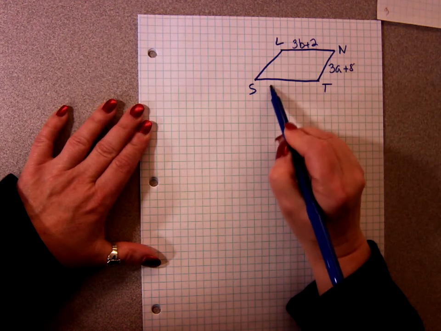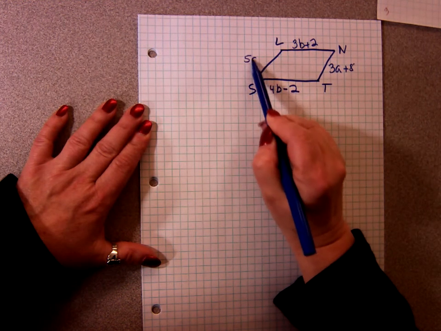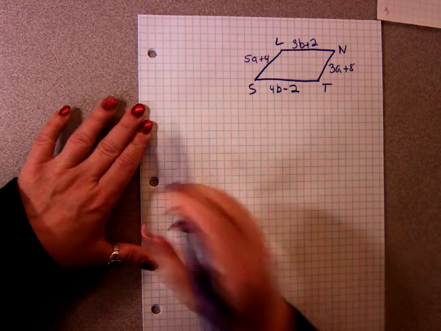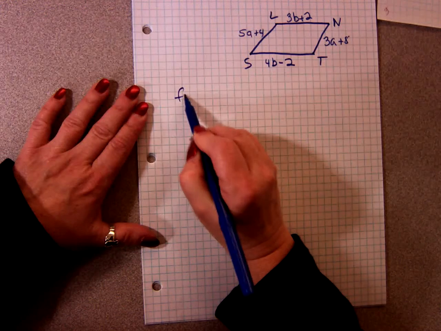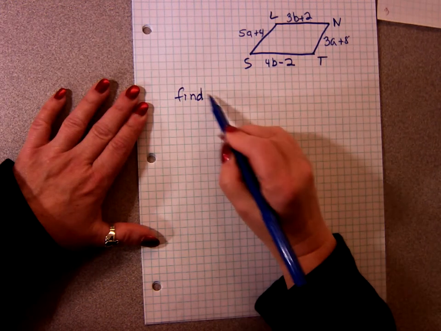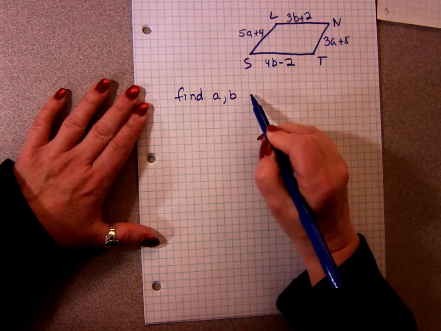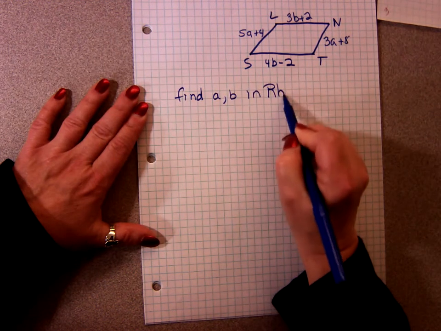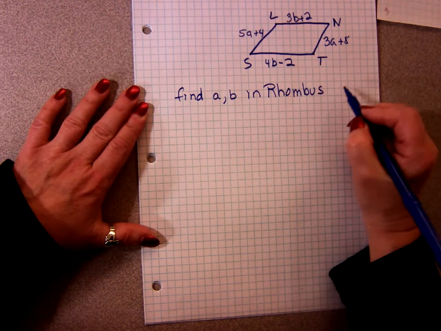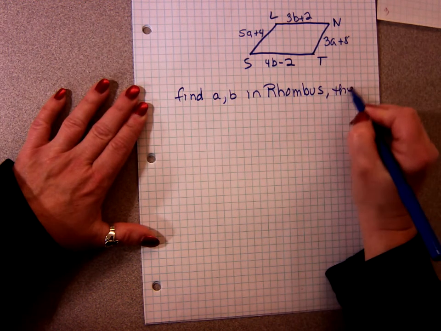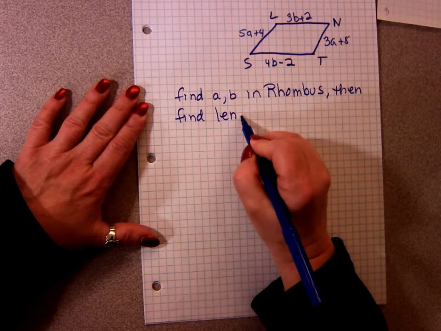This is 4B minus 2, and this is 5A plus 4. So what do I want to do? I want to find A and B in this rhombus. I'm telling you it's a rhombus, so you know all of the sides are congruent. Then I want to find the lengths of the sides.